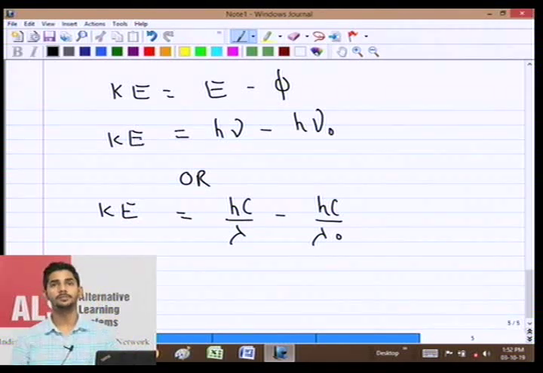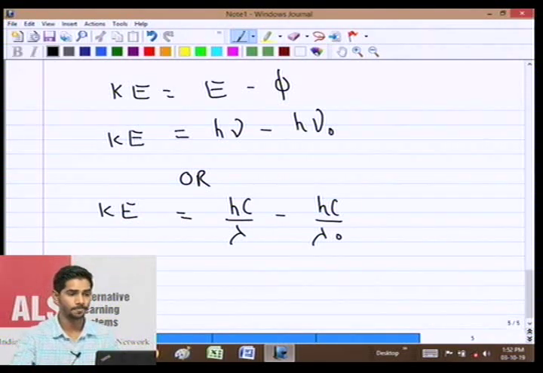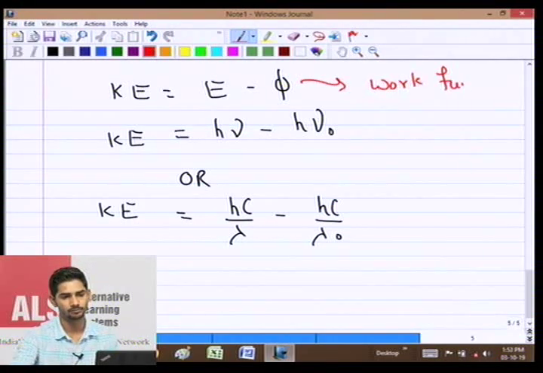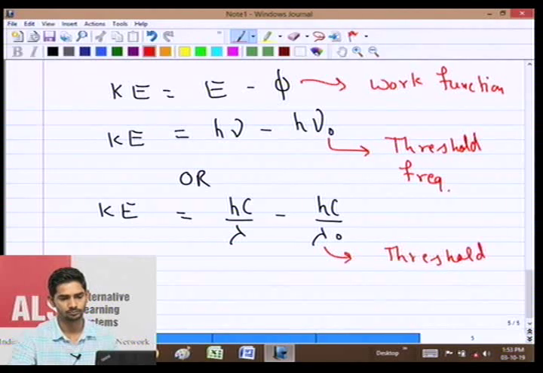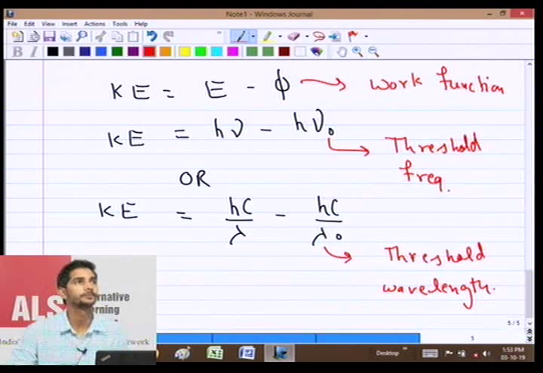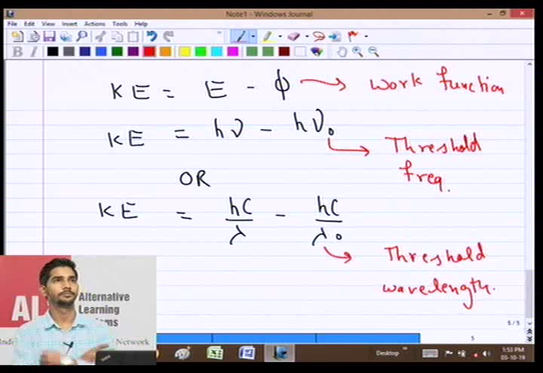So these are the simplified formulas, whereas this is your work function, or you could say the threshold energy. This nu naught is threshold frequency, and this is your threshold wavelength. Copy please, and then solve that question.